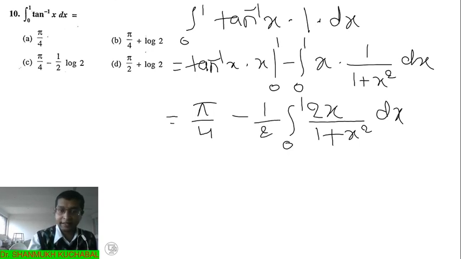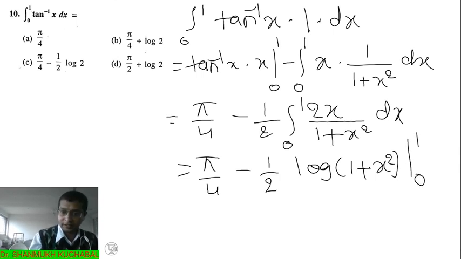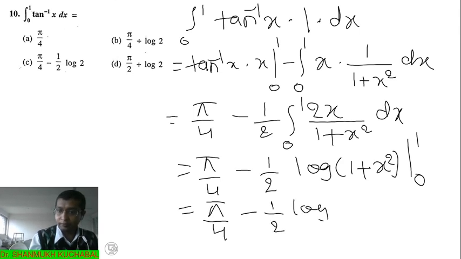So further we can write this as pi by 4 minus 1 by 2 log of the denominator 1 plus x square, limit from 0 to 1. Now we take the value of x equal to the upper limit: pi by 4 as it is, upper limit we get 1 by 2 log of 1 plus 1 square, that is we get 2.